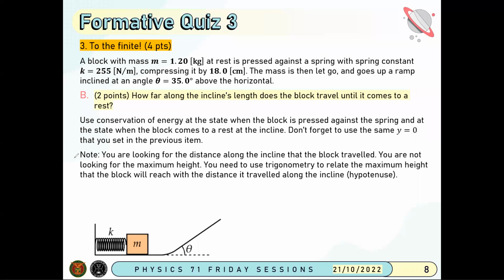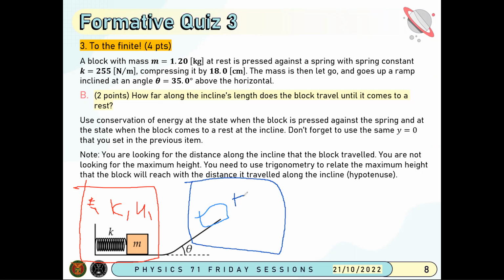So dito, conservation of energy ulit, but now, same pa rin yung initial state natin. Right? We can still set this as our initial state E1, K1, and U1. Pero yung final state ay yung nasa taas na yung block. Okay. So in this state, dito natin i-define yung E2, K2, and U2.